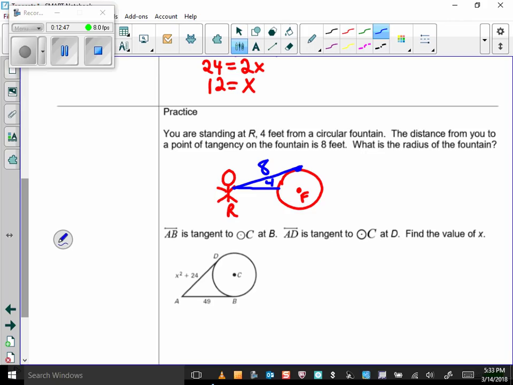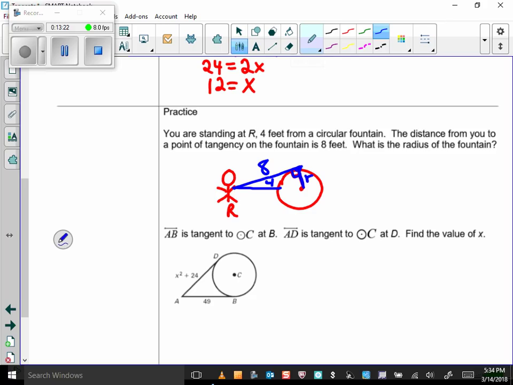Okay, so what is the radius? We have to complete this triangle and draw that radius. Let me do a better job of sketching that in, because the radius has to be perpendicular, so it makes a right triangle for me.